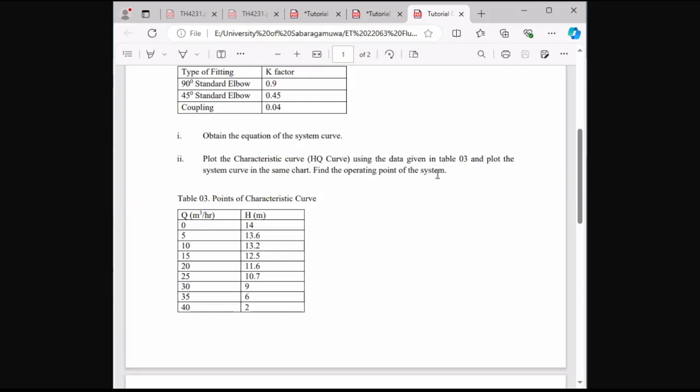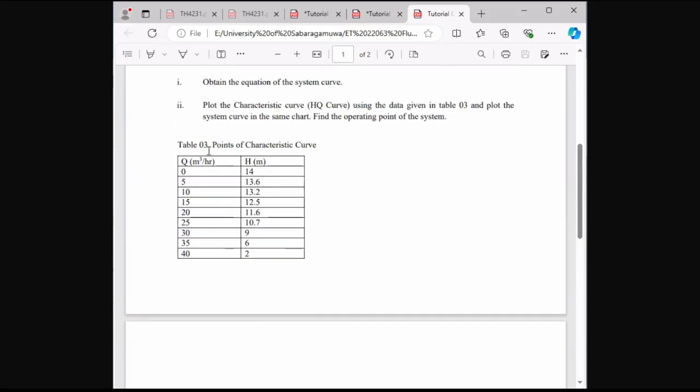Find the operating point of the system. You can draw the system curve using this data. You need to draw two graphs, and finally you can get the operating point.